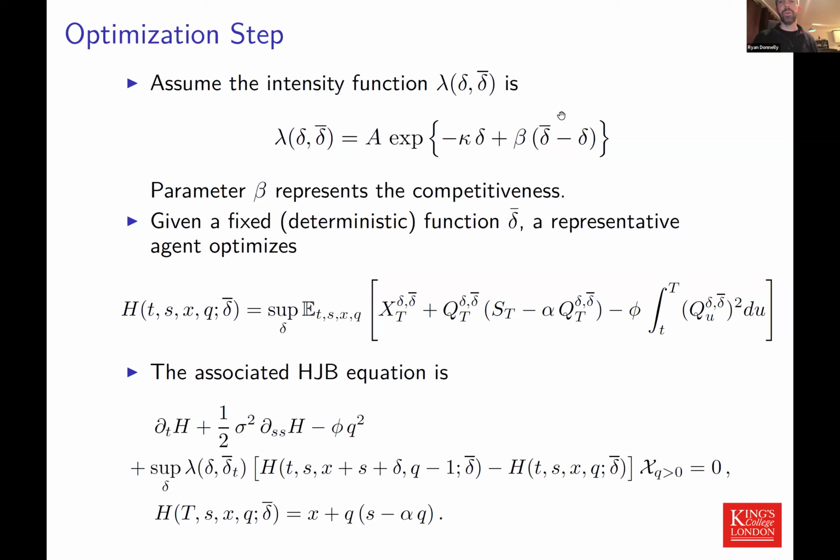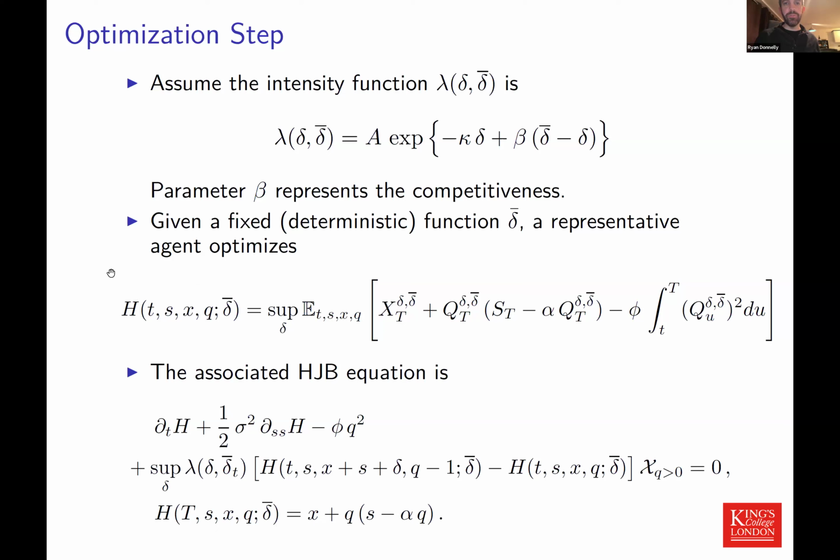So if the price that an individual agent sets is greater than the average seen in the market, then their intensity will be lower than some kind of benchmark. Okay, so this parameter beta represents to some extent the magnitude of this competitive interaction. And again, the competitive interaction only comes in through the intensity of the sales.